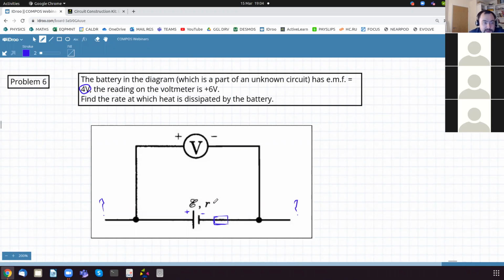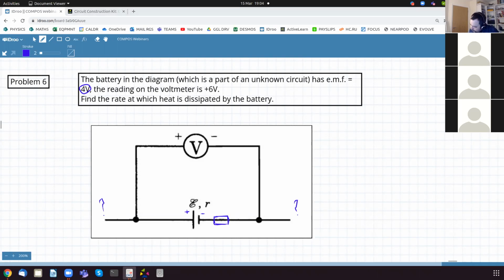The internal resistance. Oh, the internal resistance. Just a second. Do we know the internal resistance?